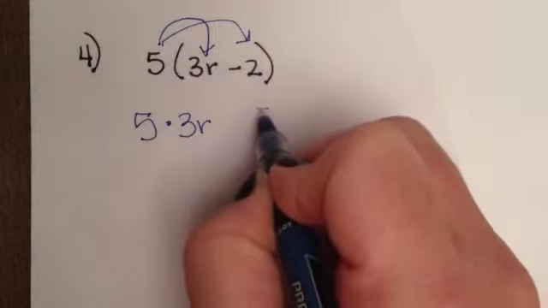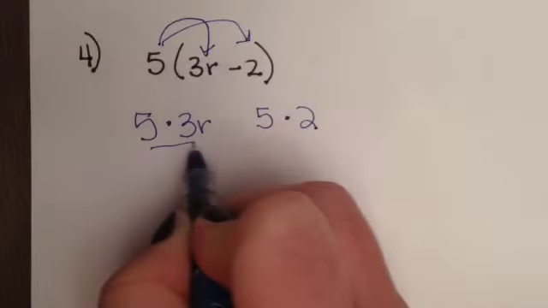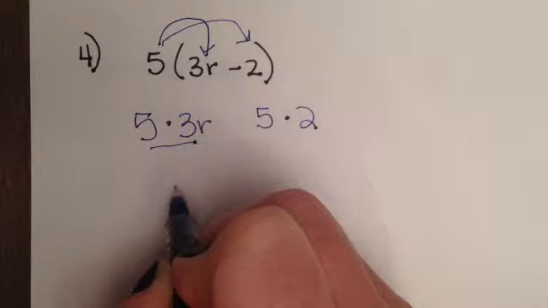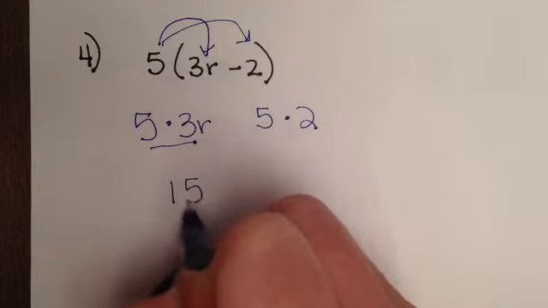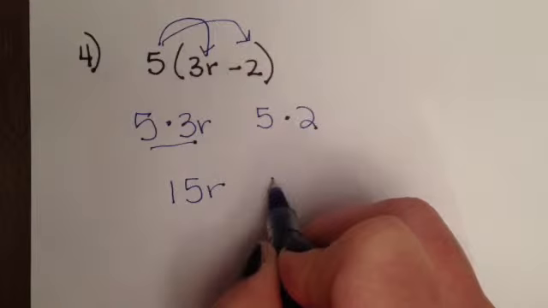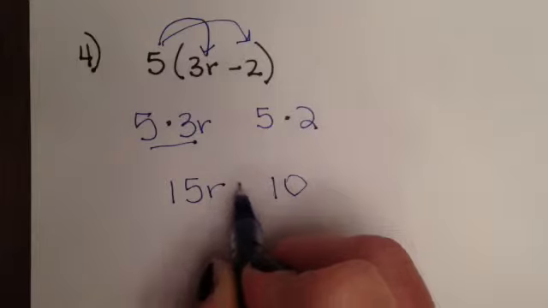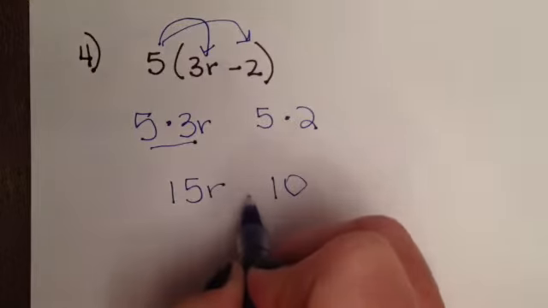And draw in those arrows for me. Alright, 5 times 3 gave us 15r. 5 times 2. And what did you put in between here? Minus sign, so a minus sign.